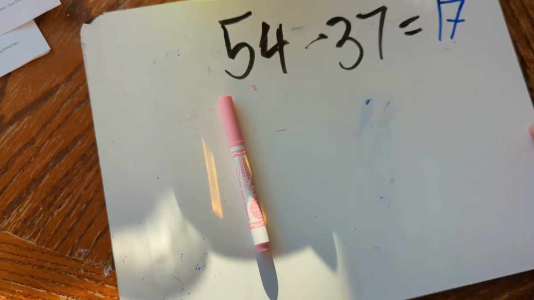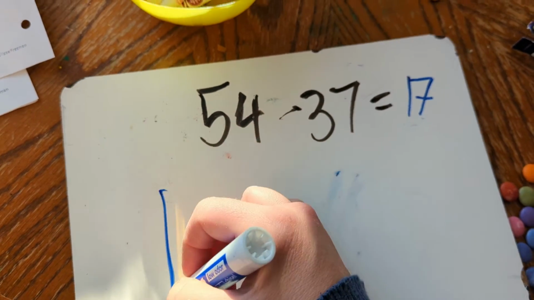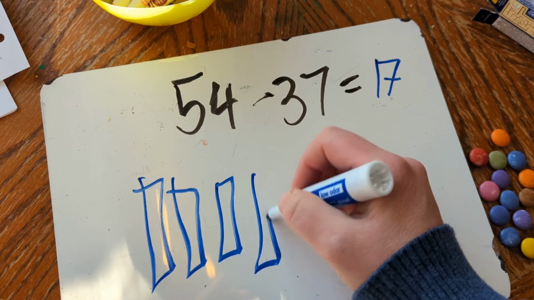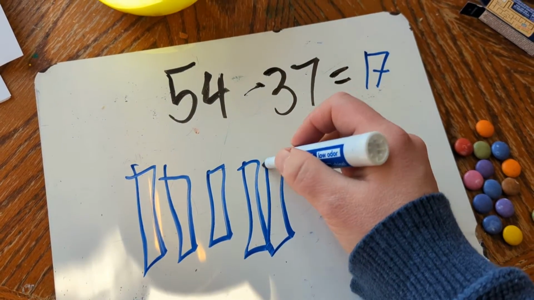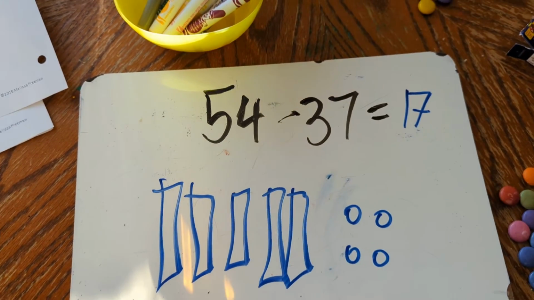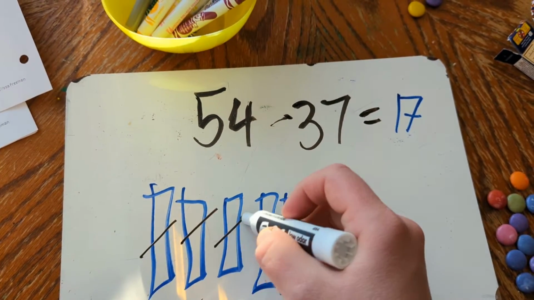So what would that look like if we were to draw this with pictures instead? Let's go back. 10, 20, 30, 40, 50, 51, 52, 53, 54. Let's get rid of that 37. 10, 20, 30.